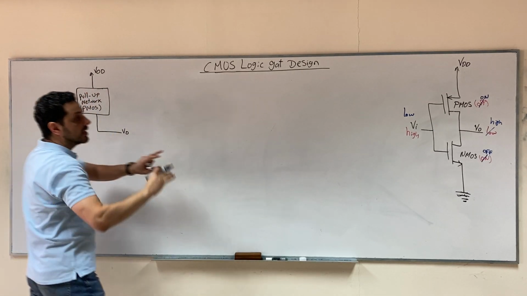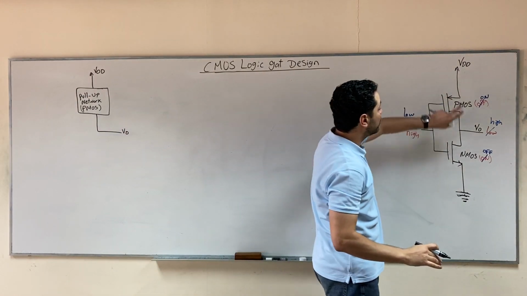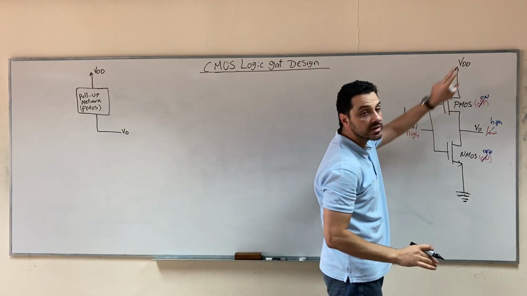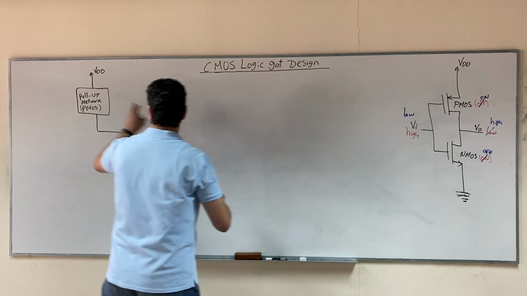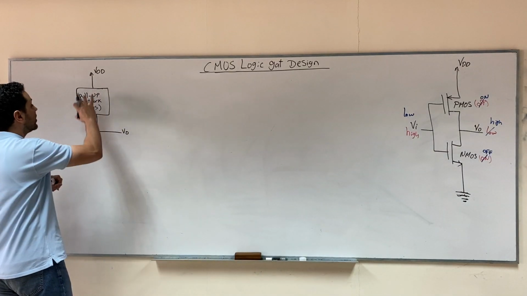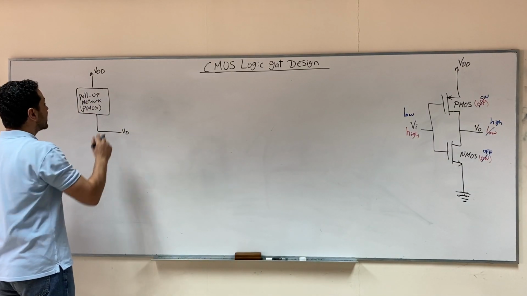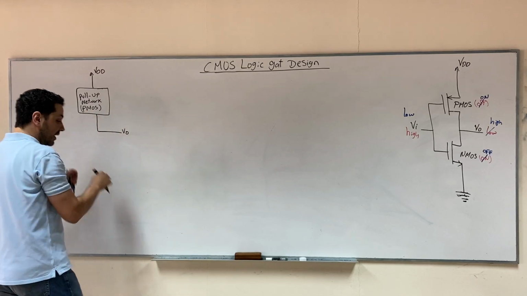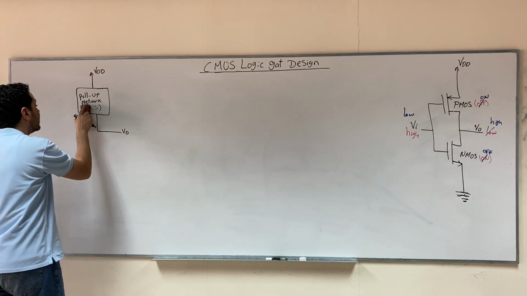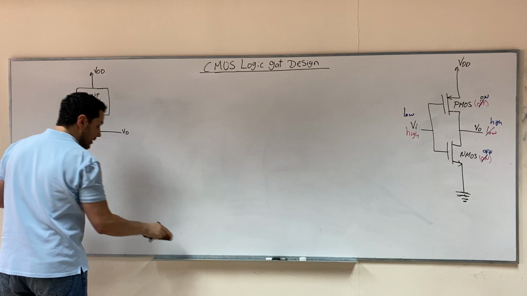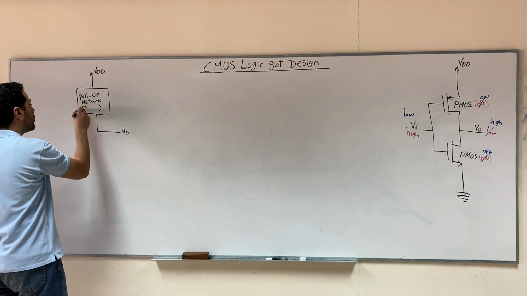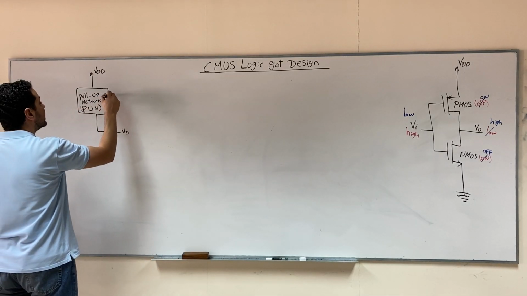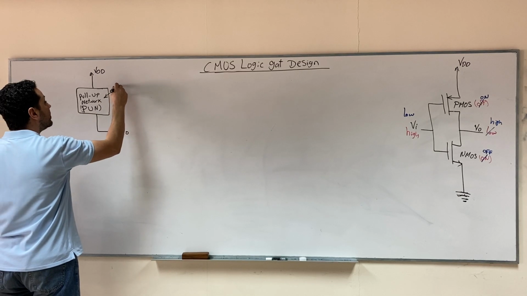All the transistors in the pull-up network are responsible to connect the output towards the high supply voltage, all of them will be PMOS, and we are going to call it the pull-up network, PUN.